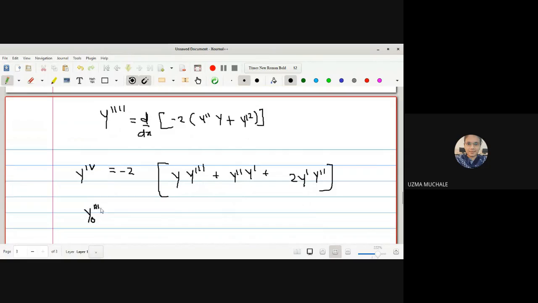Okay, so y naught raised to 4 is minus 2. We have to find out the value of fourth derivative at the initial condition, that is y naught triple dash plus y naught double dash into y naught dash plus 2y naught dash into y naught double dash.